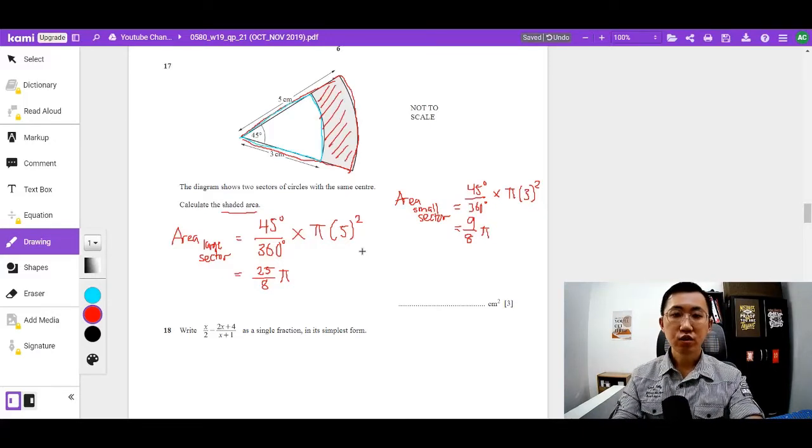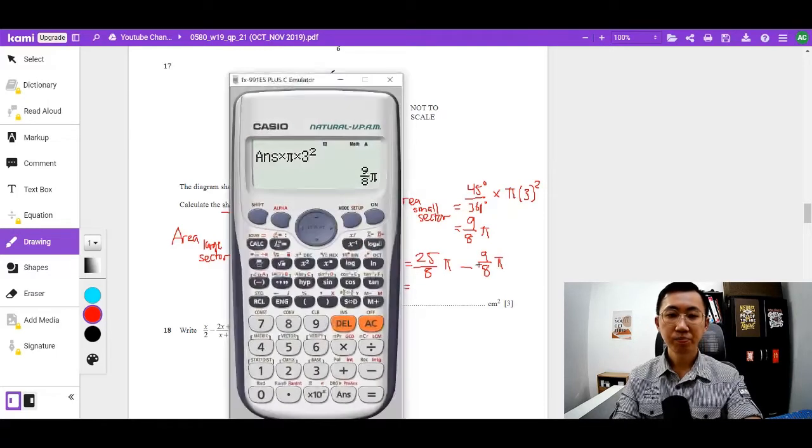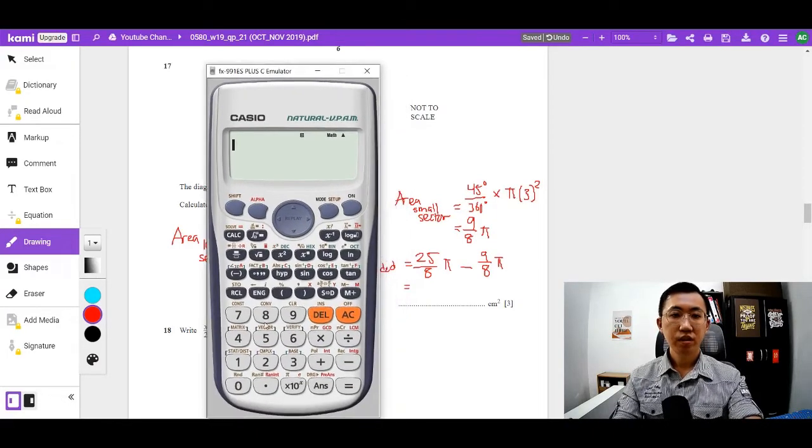Okay, so now area of shaded region. We are gonna minus off, take the larger one, 25 over 8 pi minus 9 over 8 pi. Okay, we can use the calculator from here. So 25. Oh, we can use this button actually, even better, isn't it?